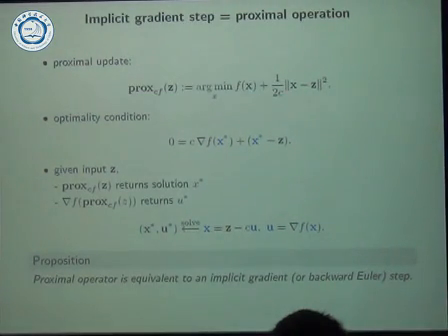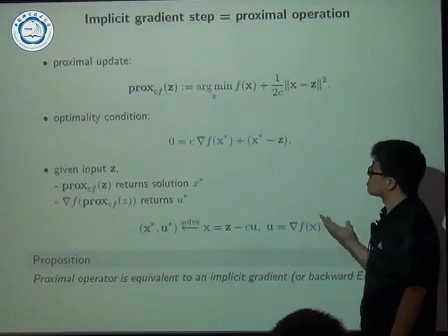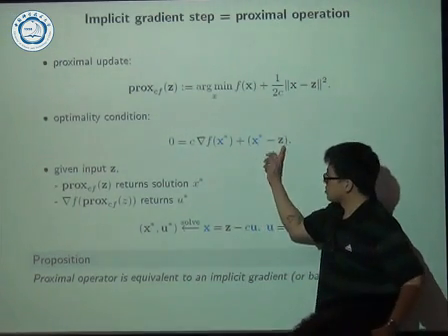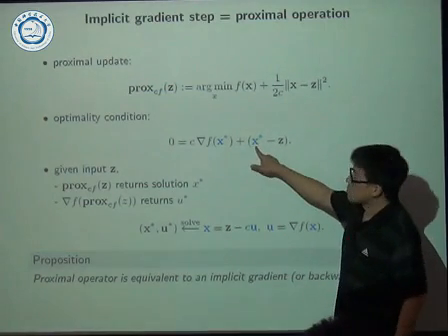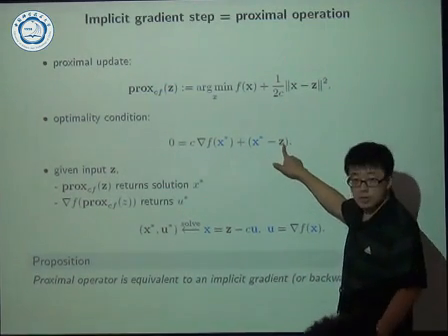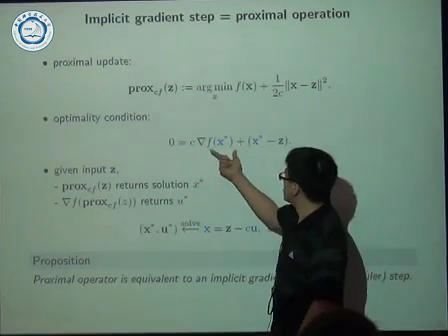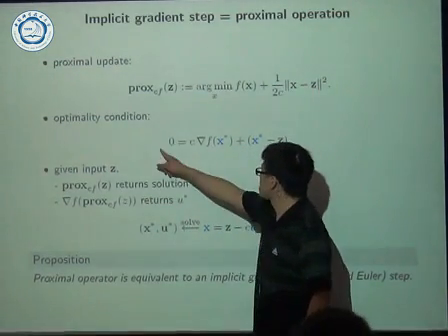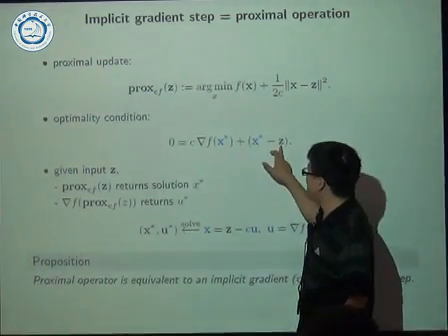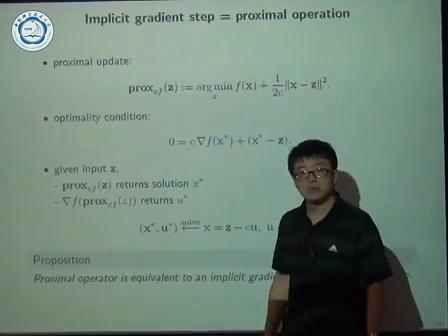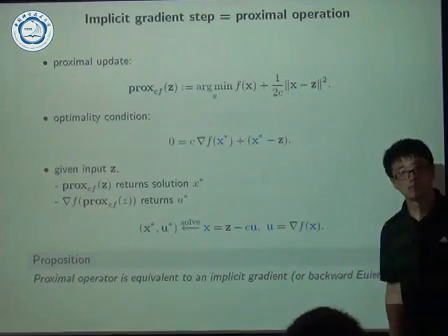If you look at this, you just move things around. X star is my next point. Z is my current point. You move this term to the left, so X star equals Z minus C times this. So X star is the implicit point. We're doing an implicit update.